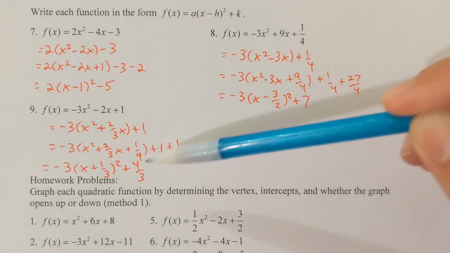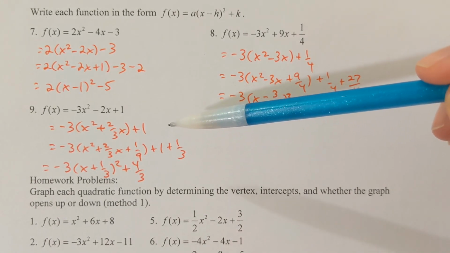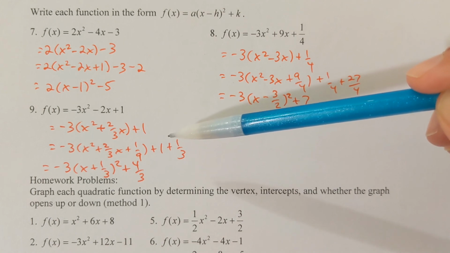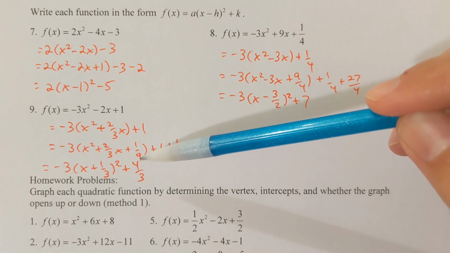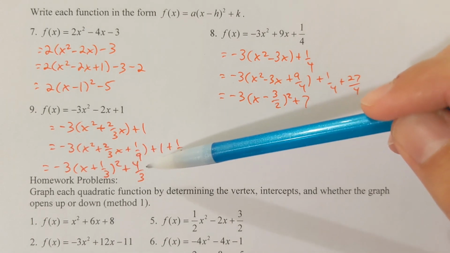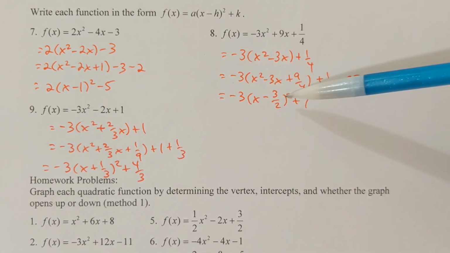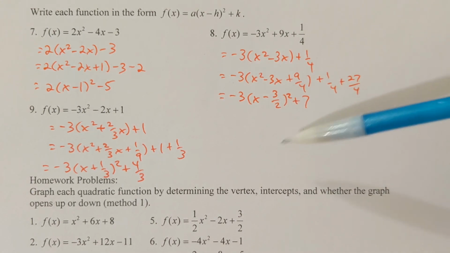So this parabola is going to have a vertex at negative 1/3, 4/3. This one's going to be at 3 halves, 7.